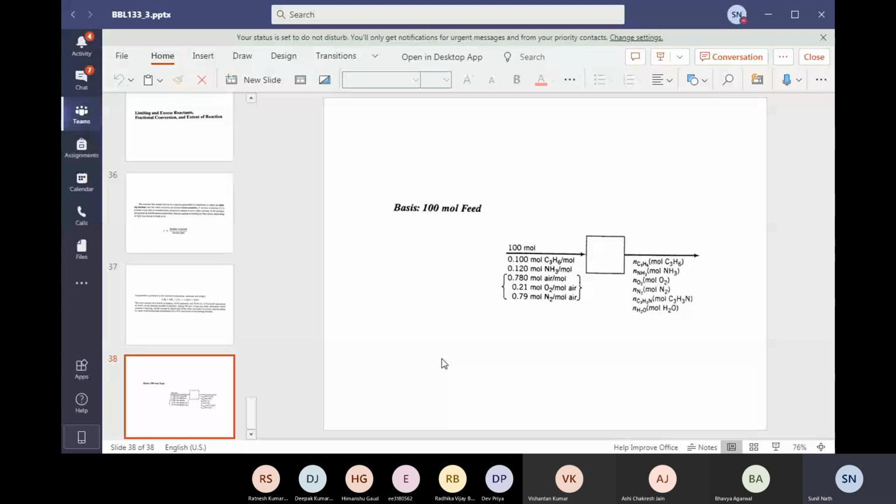But suppose I were to base it on the fresh feed, or based on overall material balance feed, and we already know how to do that overall balance because we drew the boundary about the entire combined units, the outer boundary, let's call it. So then what is the yield?